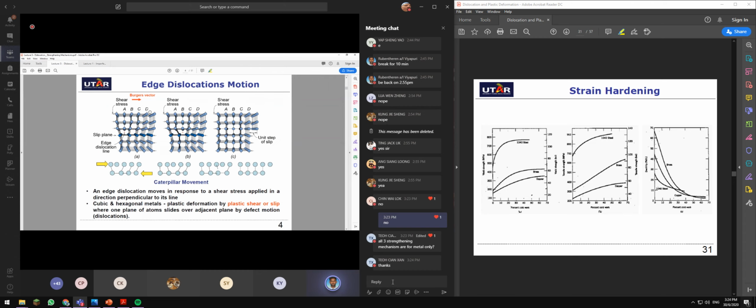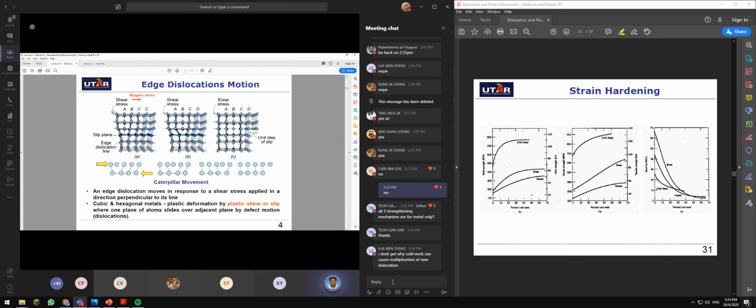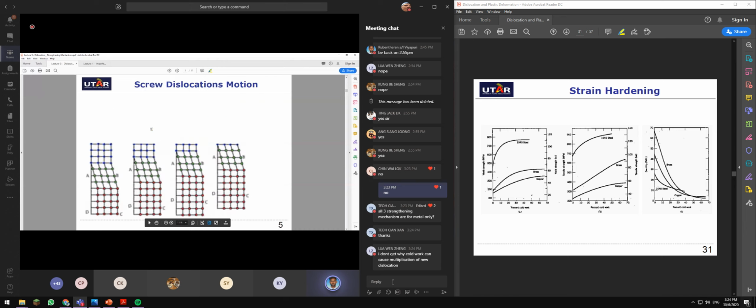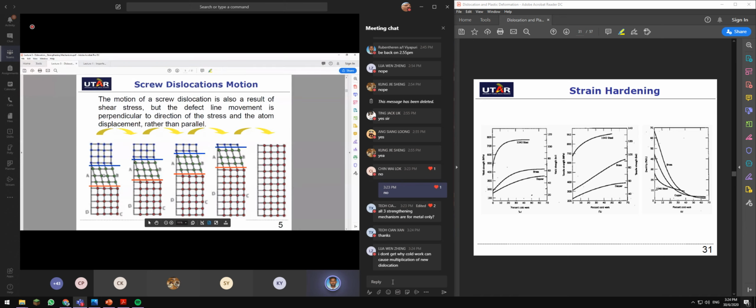You have 2 types of dislocation: edge dislocation, where the line moves parallel to the shear stress, and screw dislocation, where the dislocation line moves perpendicular to the shear.